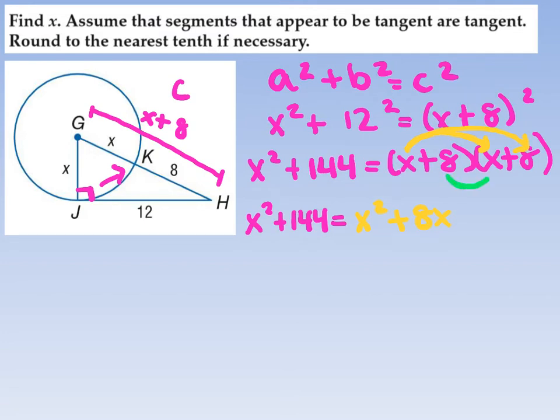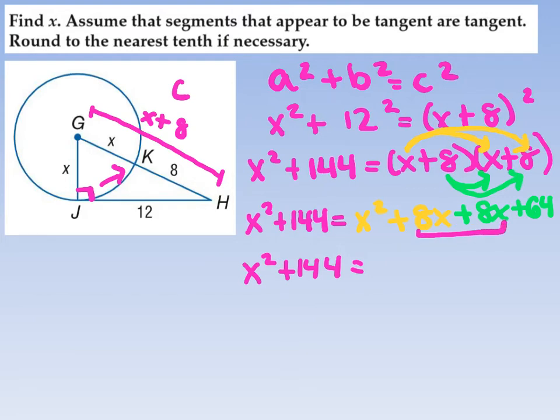So you can multiply the 8 times x, so it's plus 8x, and the 8 times the 8, so it's plus 64. Now if you simplify that, the x squared plus 144 stays the same. On the right, I can combine the two 8x's.